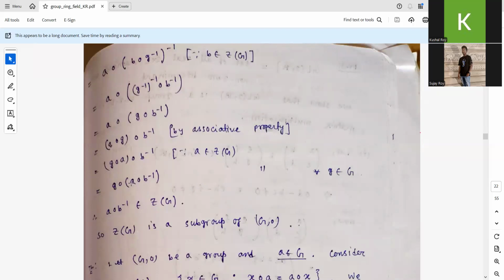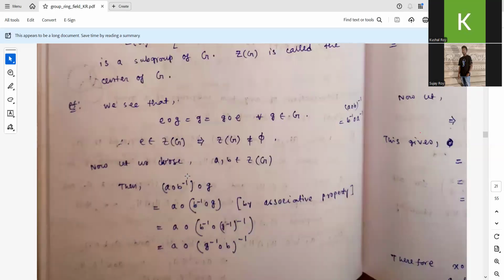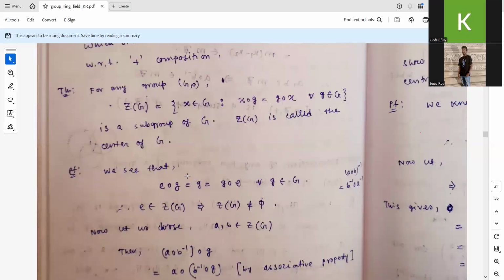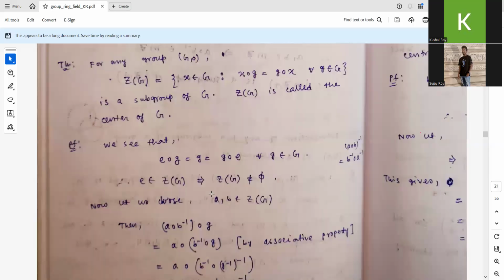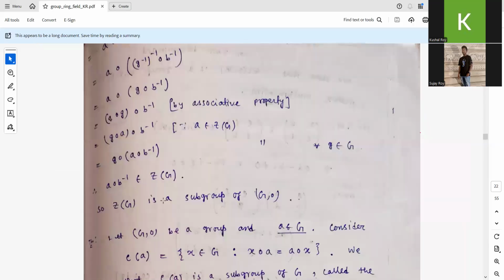So this will be g composition a composition b inverse. Therefore it shows that a composition b inverse commutes with every element of G. That means a composition b inverse belongs to the center of the group.